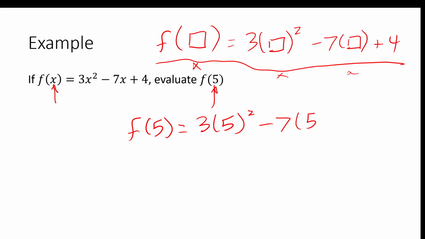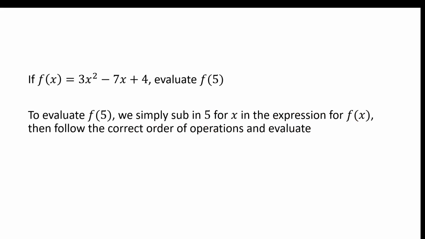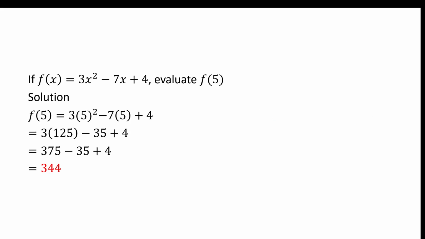And if this is what you have, you can now simply evaluate f at 5 by using some BEDMAS principles that you learned in earlier grades. Okay? So 3 times 5 squared, we do the exponent first. 5 squared would actually be 25.